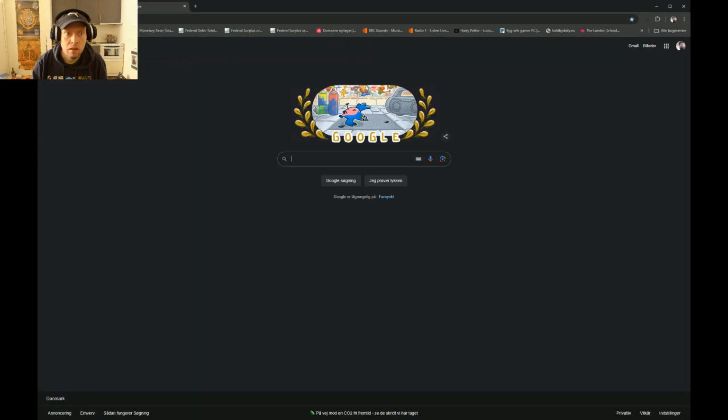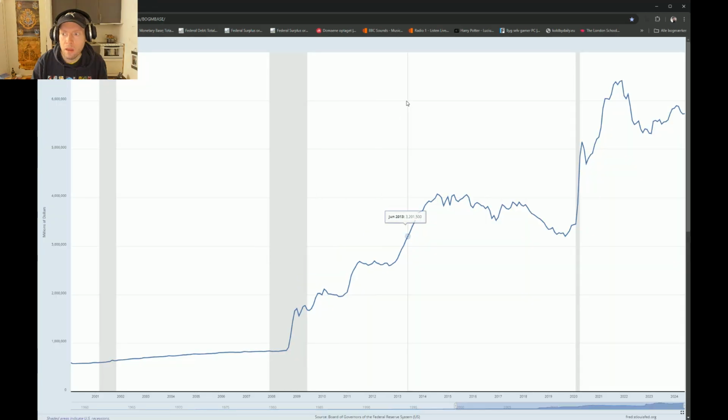They increased it 6 times since 2008. This is the monetary base today: 5 or 6 times the monetary base.